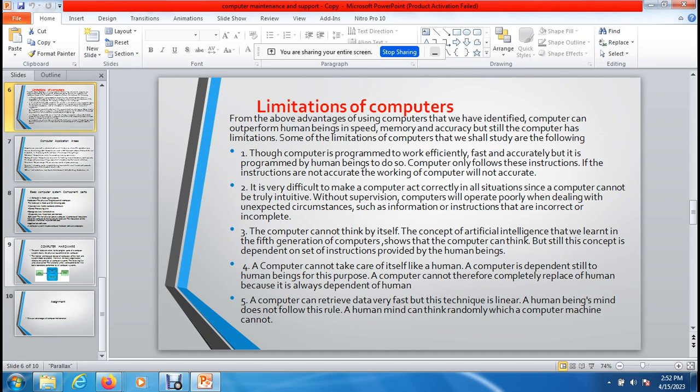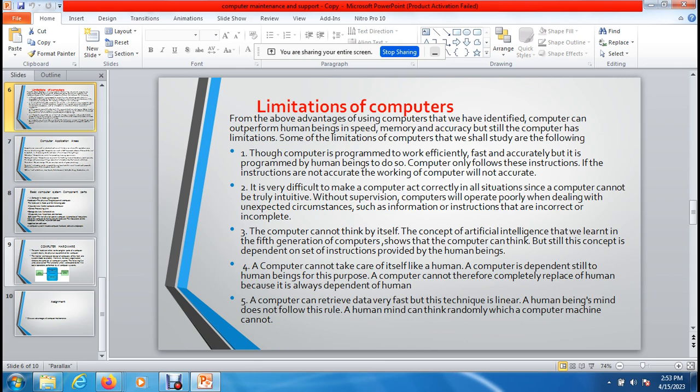Without supervision, computers will operate poorly when dealing with unexpected circumstances, such as information or instructions that are incorrect or incomplete. The other thing, the computer cannot think by itself. A computer needs to be operated by a person who is the live wire.